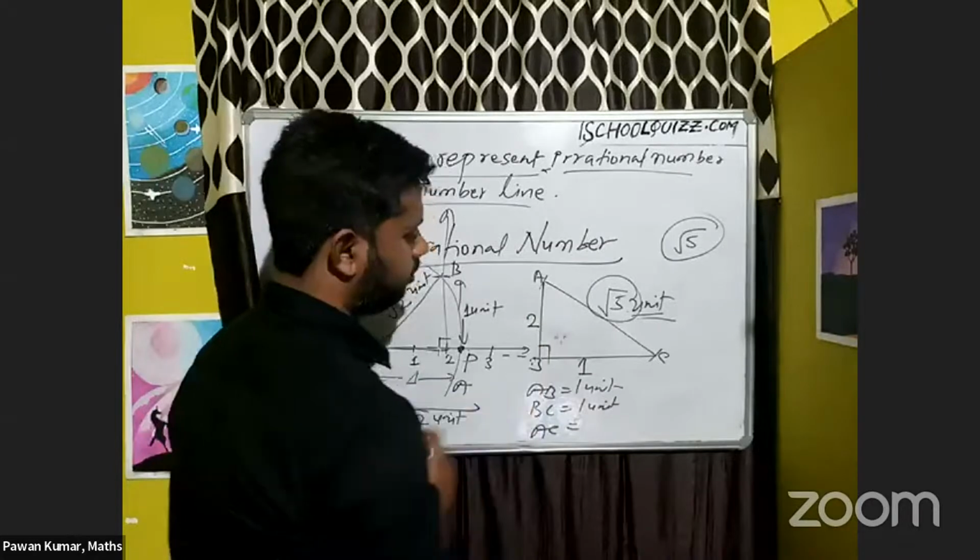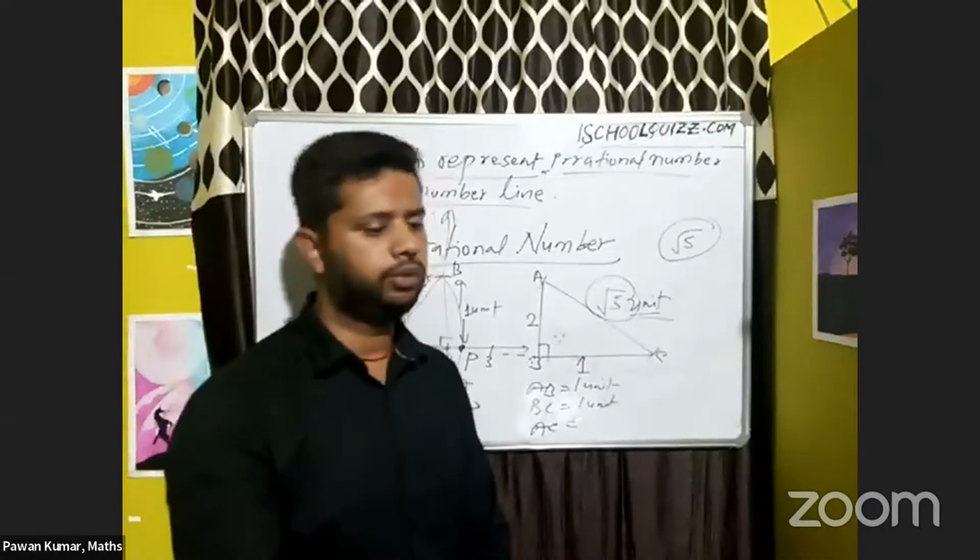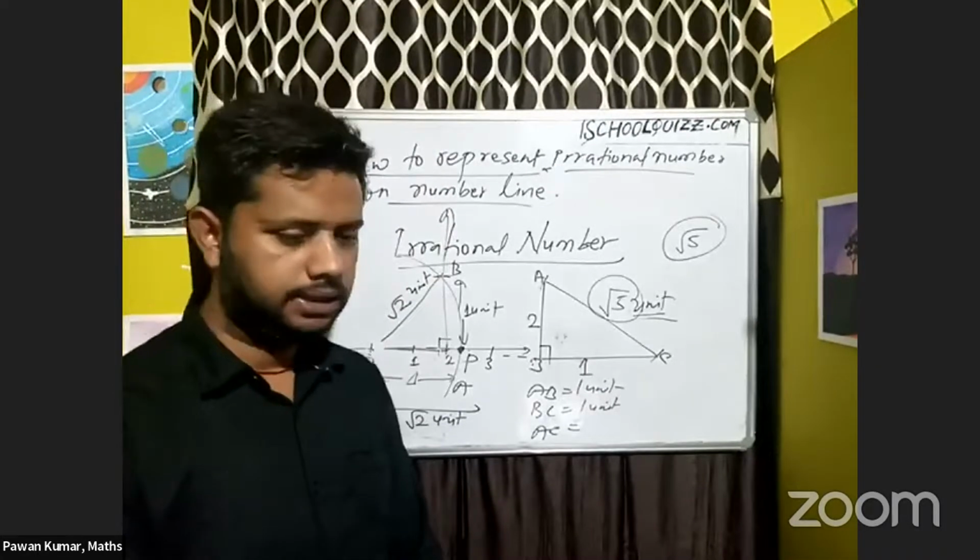One length will be 2 and another will be 1. So 2 squared will be 4 and 1 squared will be 1. That is 5, and the square goes to that side, means square root. Understand the concept? Yes, sir.